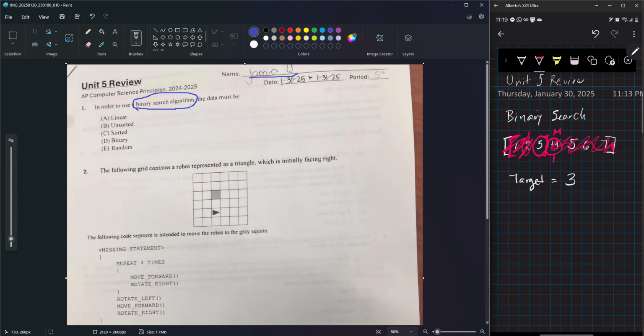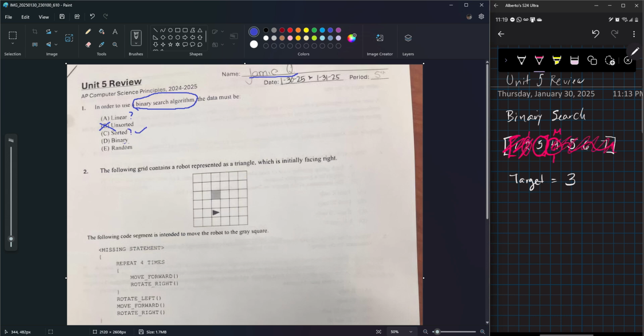So it says, in order to use binary search, the data must be... We don't know what linear data means. Unsorted, that means that there's no order. So remember our list, it's 1, 2, 3, 4, 5, 6, 7. It does have order, so it's not unsorted. Sorted, that means it has order. So like our list here has order.